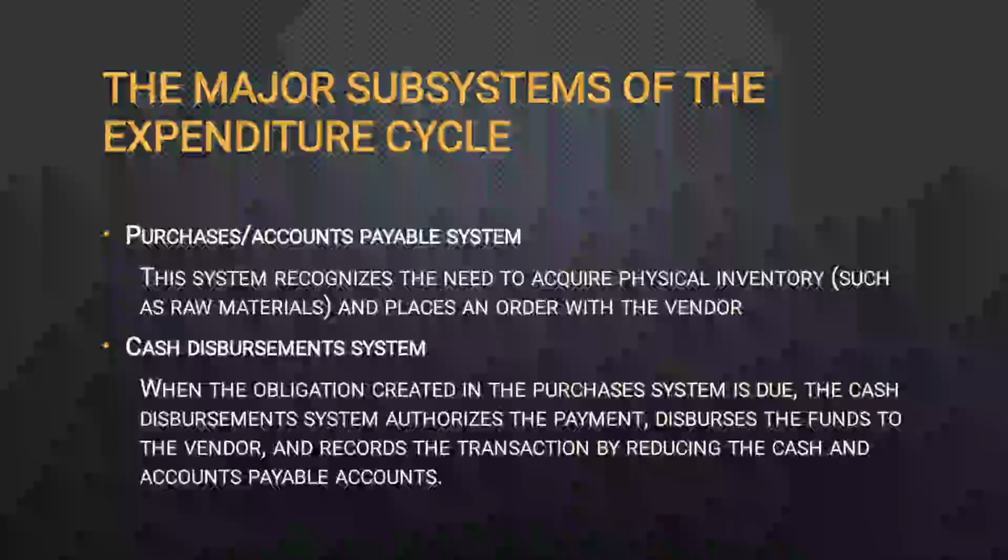When the obligation created in the purchases system is due, the cash disbursement system authorizes the payment, disburses the funds to the vendor, and records the transaction by reducing the cash and accounts payable accounts. So dito naman sa cash disbursement system, ito yung outflow of cash paid in exchange for the provision of goods and services.